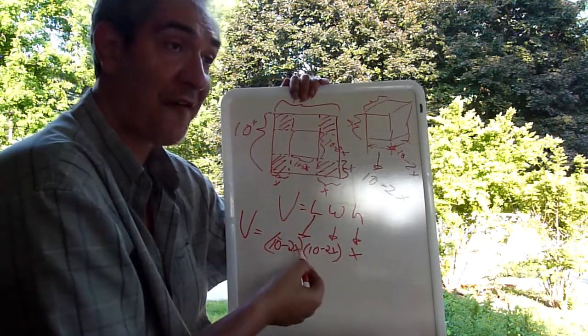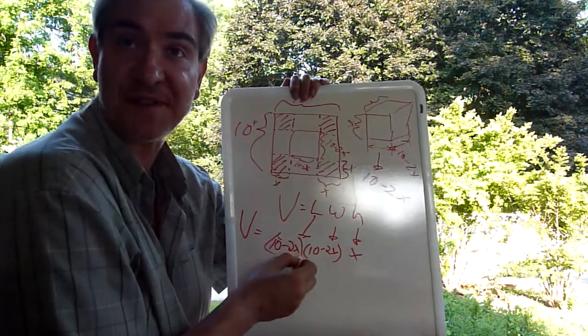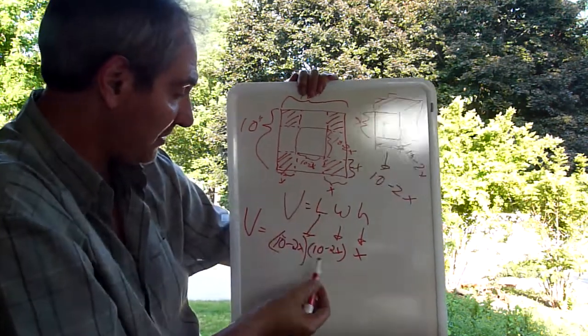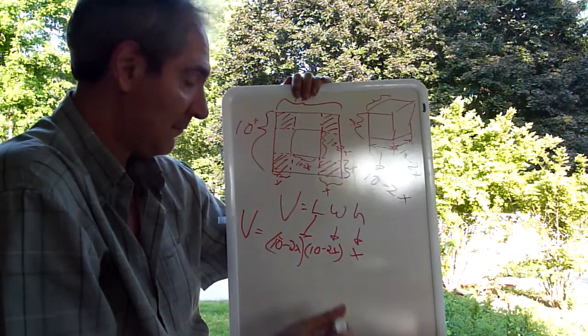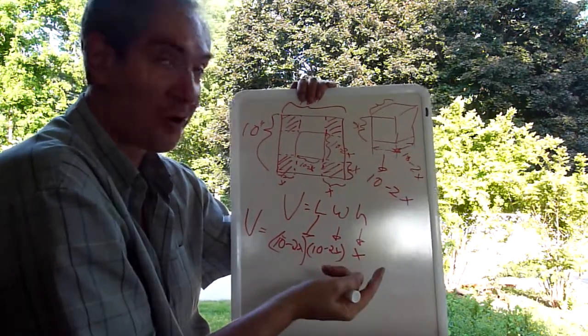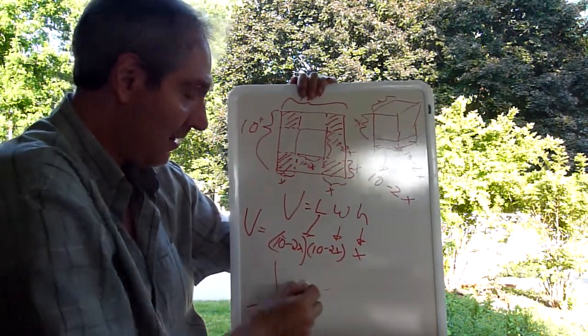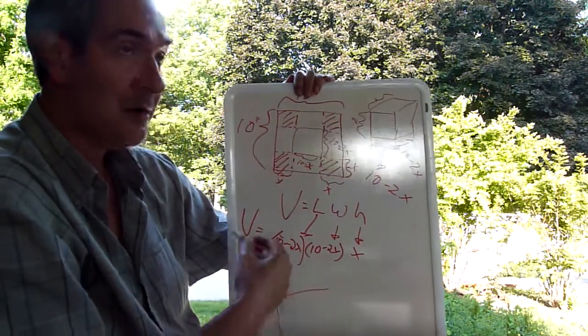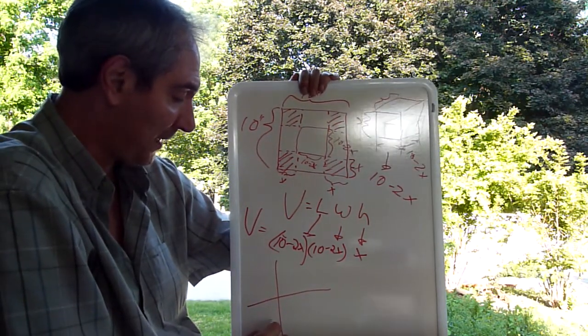Okay, so to find out where the maximum is, we're going to have to take the first derivative of this thing, since it looks like it's going to be what kind of a function. A linear times a linear raised to the third power is going to be a cubic function. So I'm imagining that this particular function that describes the volume is going to look something possibly like this.